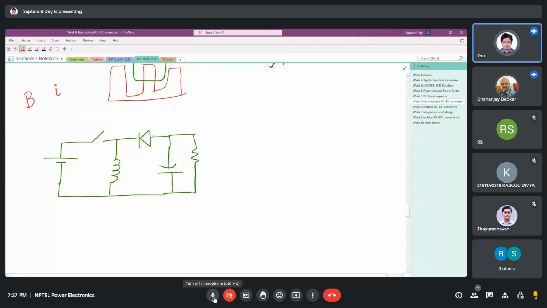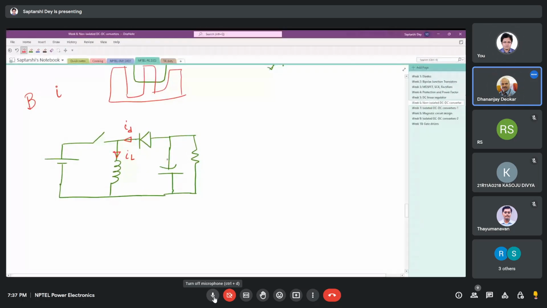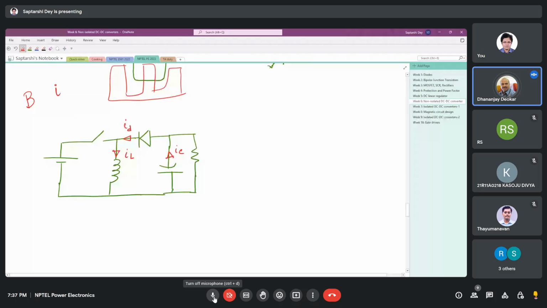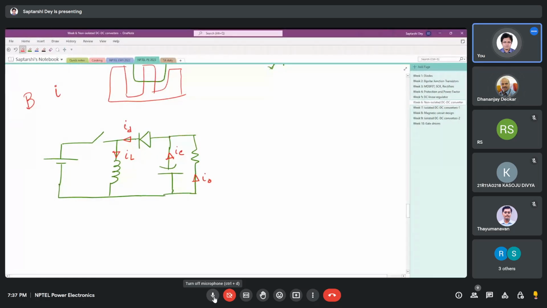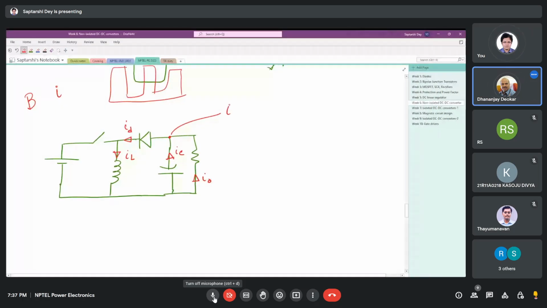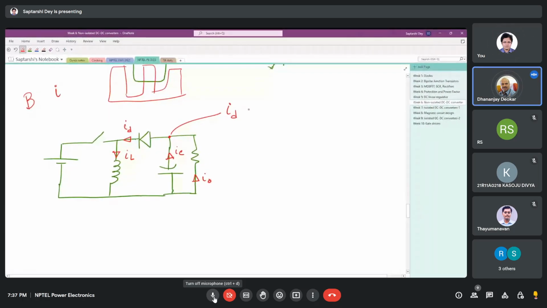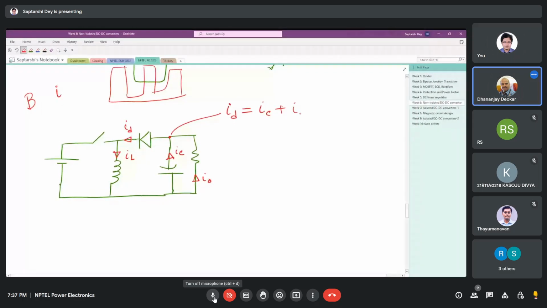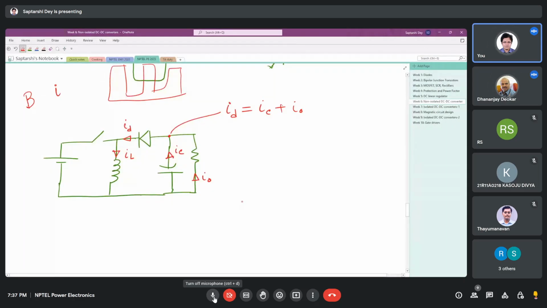Say this current is ID, this current is IL, this current is IC, this current is IO. Now I am applying KCL at this node. If I apply KCL at this node, what do I have? I have IC plus IO is ID.